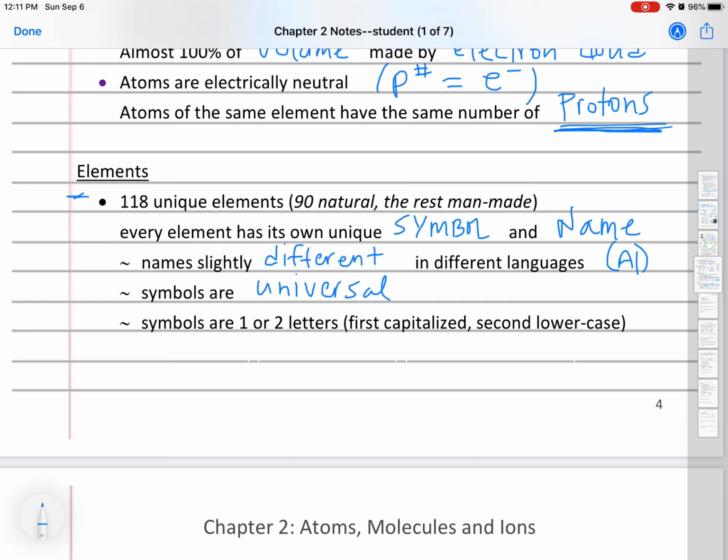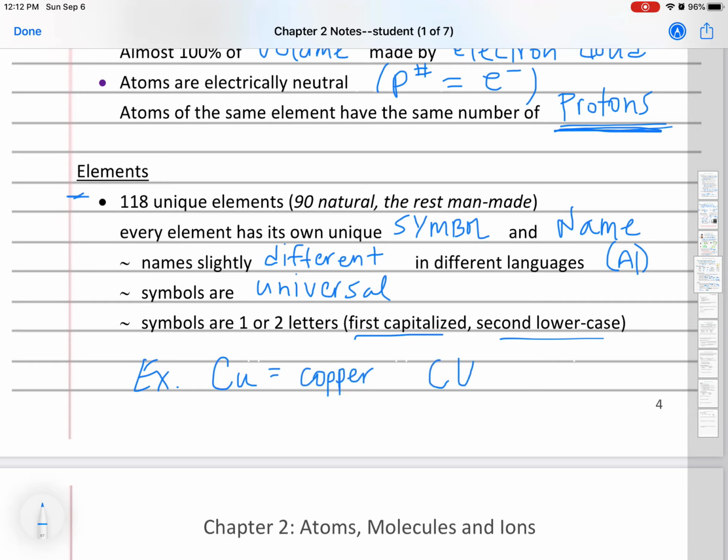So Al is the symbol for aluminum. Symbols are either 1 letter or 2 letters. And if there are two letters, then the first is capitalized and the second is lowercase. And that may seem like a small detail, but it's actually a very important detail. Because, for example, Cu with a capital C and lowercase u is the element symbol for copper.